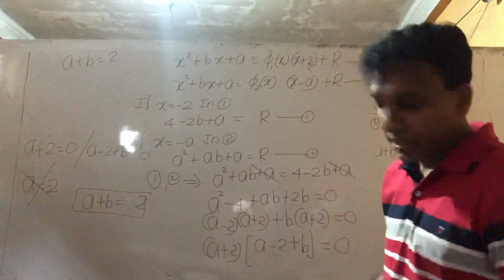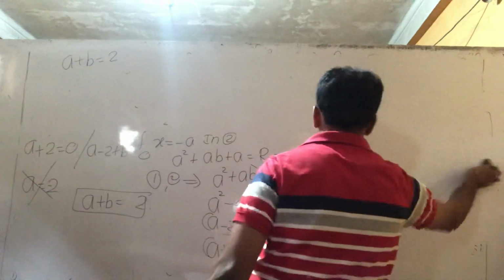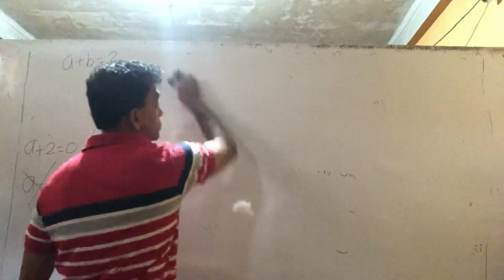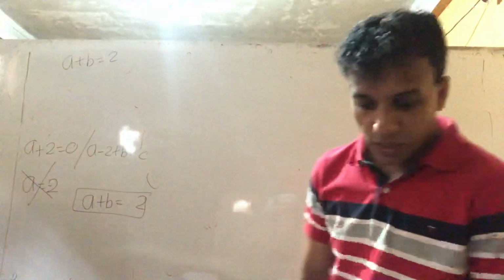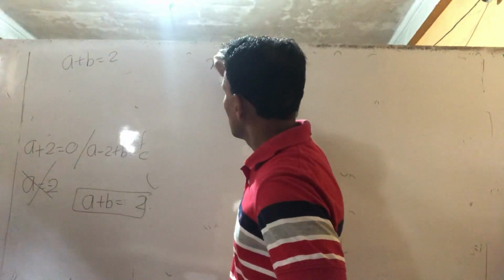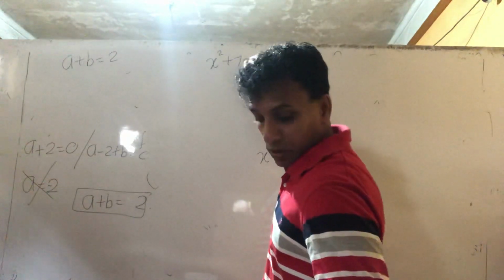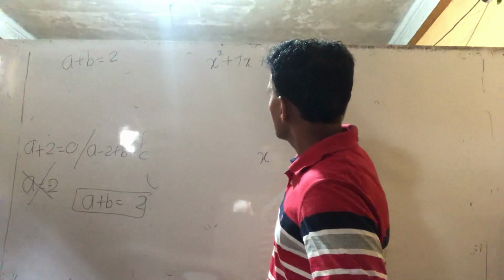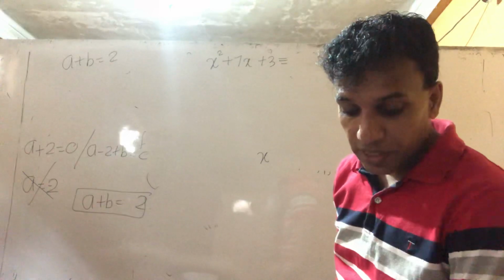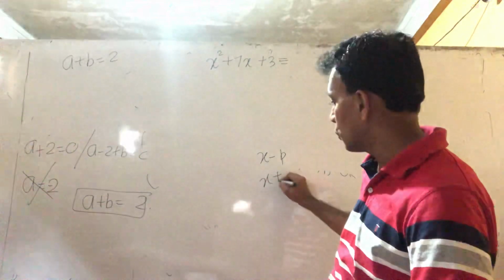Okay, see the next question, number 11. Problem number 11. The expression x square plus 7x plus 3 has the same remainder whether divided by x minus p or x plus q.